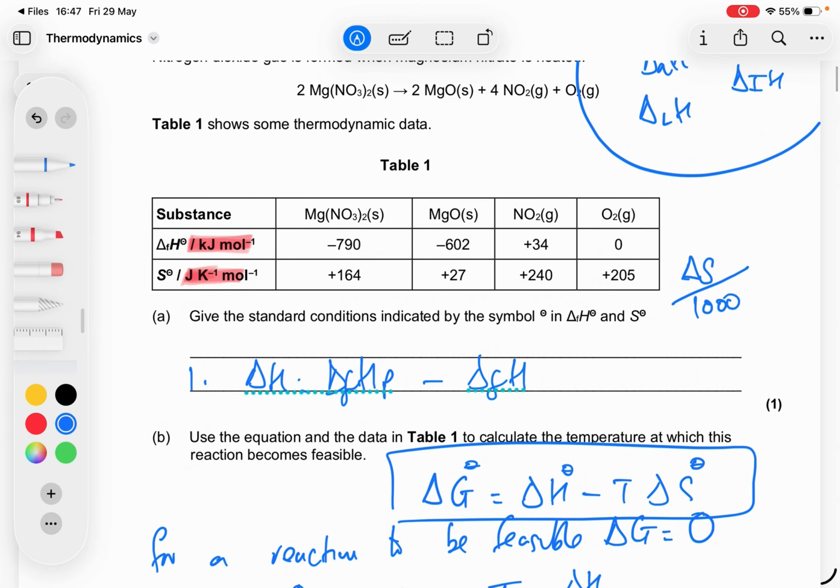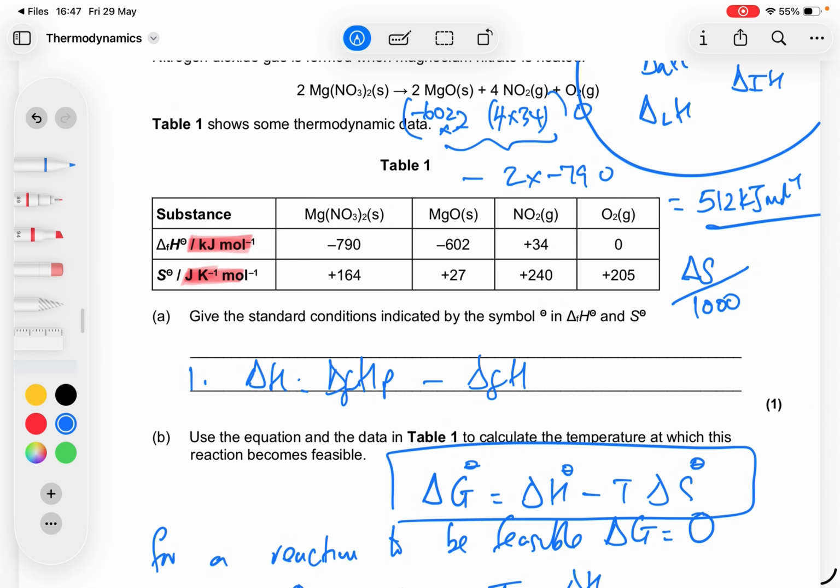Now when you have products, oxygen is 0, nitrogen dioxide is 4 times 34, 2 magnesium oxide is minus 602 times 2. So you do sum of that, take away 2 times minus 790, and then delta H comes to 512 kilojoules per mole. A good way to note is thermal decomposition normally is endothermic.